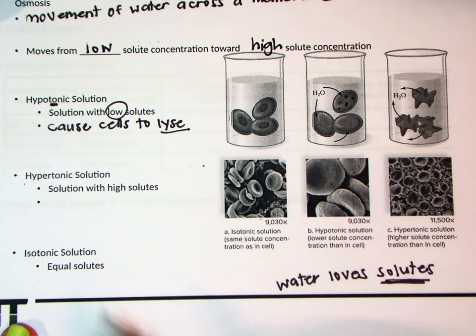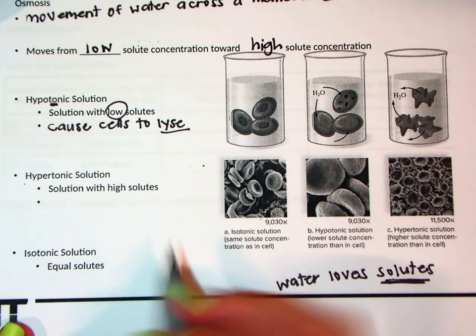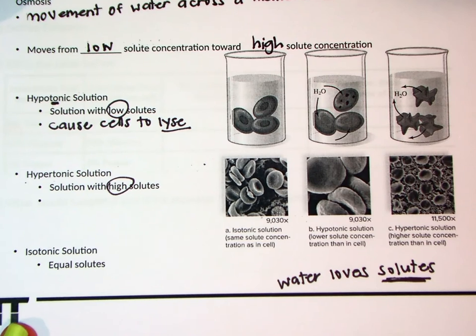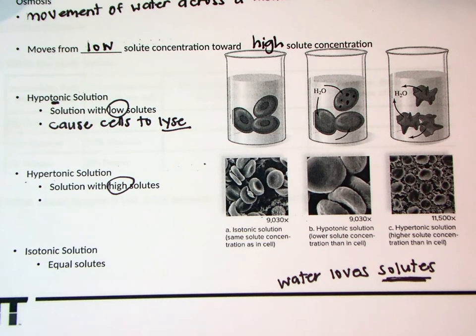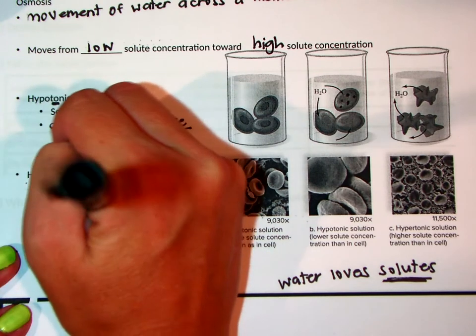Okay, next is a hypertonic solution. This is a solution with high solutes. I don't know why, but this is how I always remembered it: someone that's hyper is like high energy. So I just think of hyper as high, plus the HY sounds like high. So a solution with high solutes, and this can cause cells to shrivel.